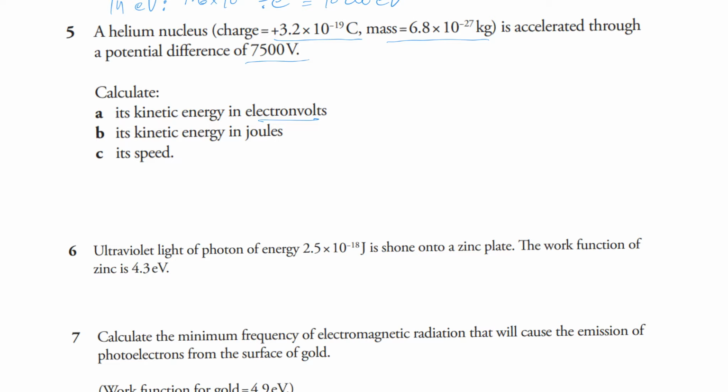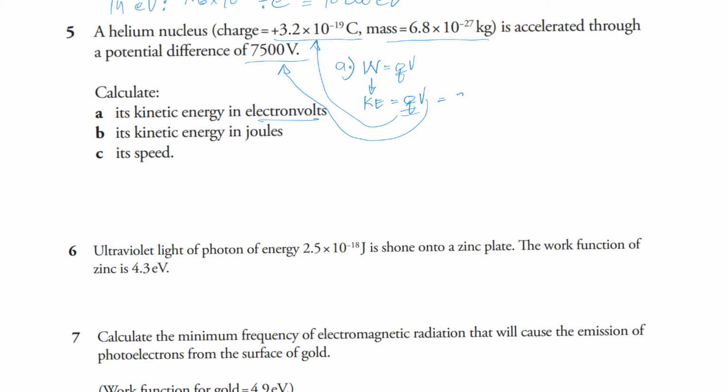Let's start with letter A here. Work equals QV. That work is actually your kinetic energy, which equals Q times V. The charge is given at the top, this is your charge, and the voltage is also given here. So you can calculate that one.